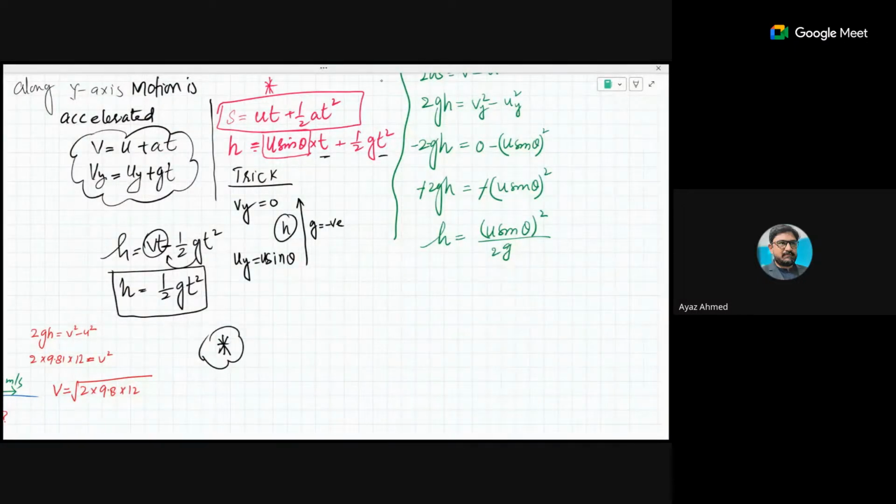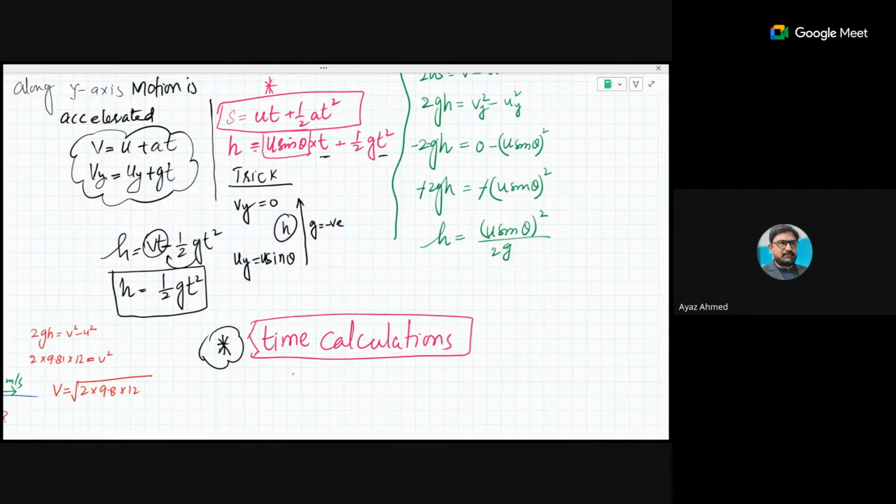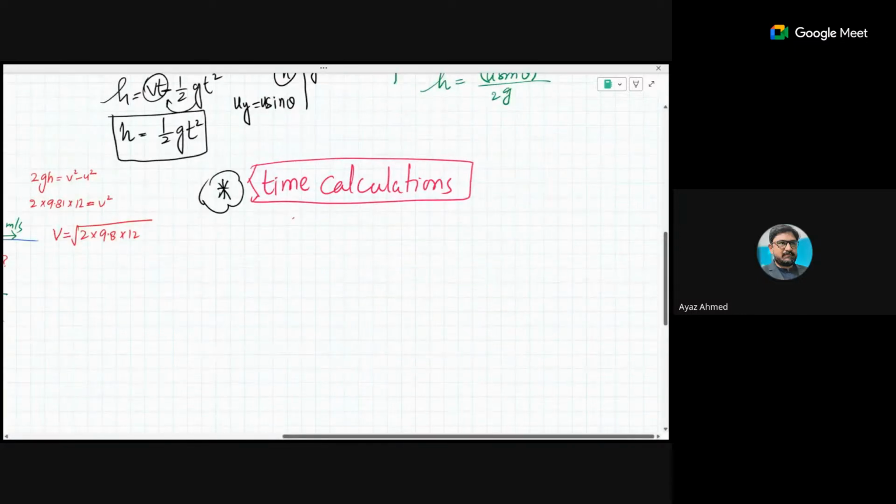The time of flight of the projectile, time to reach the maximum height, etc. So time calculations are the most important thing. For that, if I just give you an example, suppose I have a ball which was dropped from the table. That is a ball, and it is just dropped from the table.